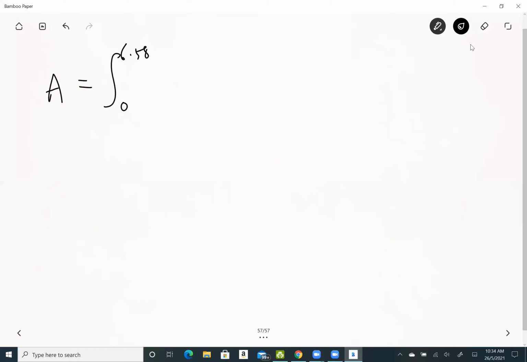f of x, I write down the function right away. f of x is 100 minus 2x. And then I have to take out the other area, which is from 0 to 6.58 under 2x squared.